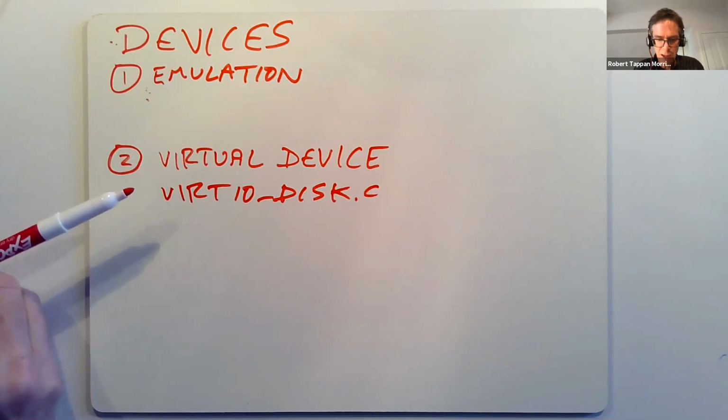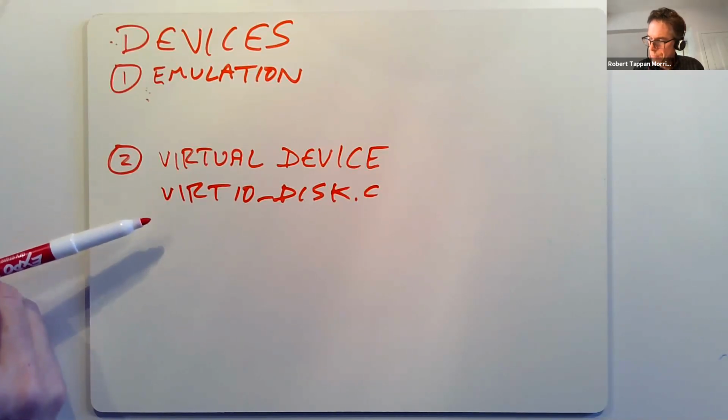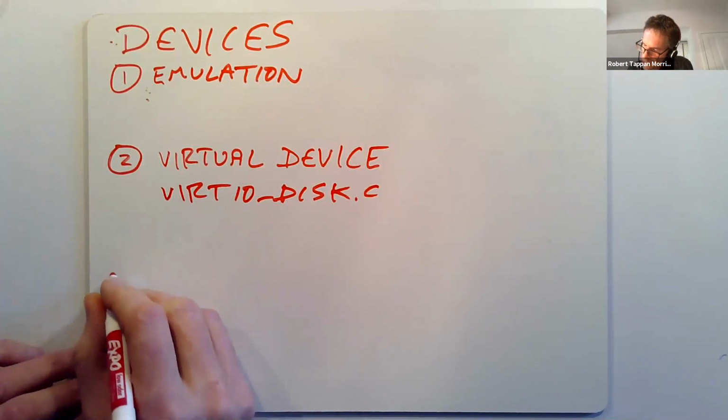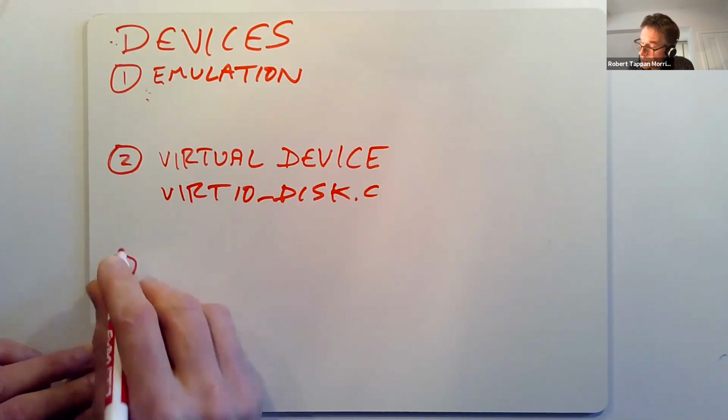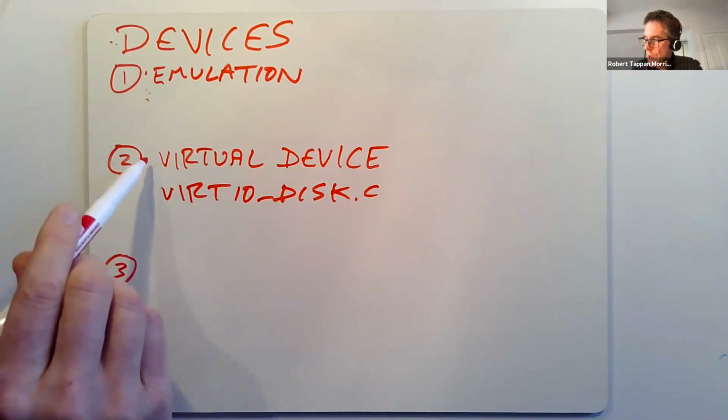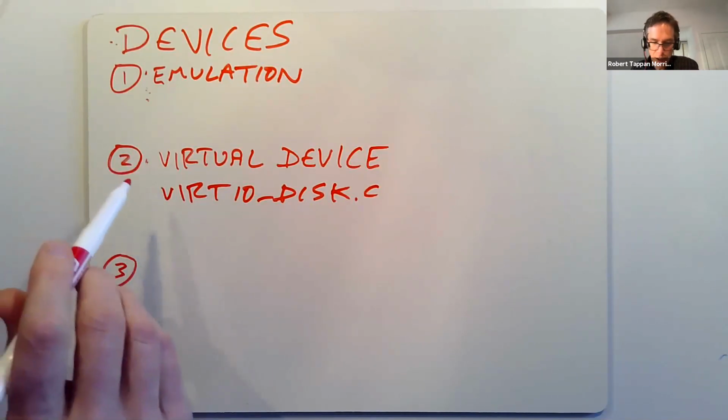Like for us, it's fs.img. QEMU applies these commands to fs.img instead of using a real piece of device hardware. So this is another strategy, and it's higher performance than straight emulation, because you can design the interface so it doesn't require a lot of traps.